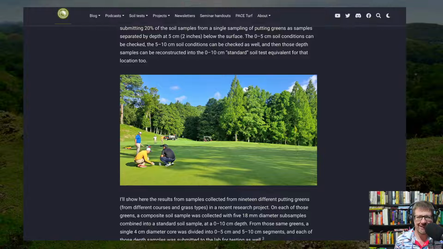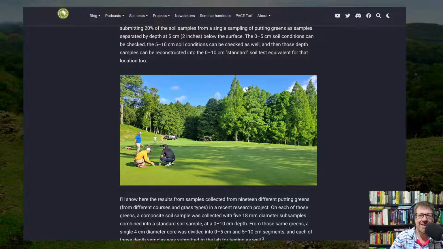And ideally, you'll find that the phosphorus is lower near the surface, and you'll find that phosphorus is higher deeper in the root zone. Because if you're trying to minimize Poa annua invasion, it's nice when you have bentgrass roots that go down to 8 centimeters and there's phosphorus down at 8 centimeters and you have negligible levels of phosphorus in the top 1 centimeter, and in the top 1 centimeter, that's where your Poa annua would be germinating.